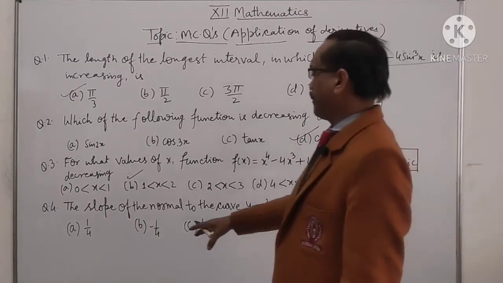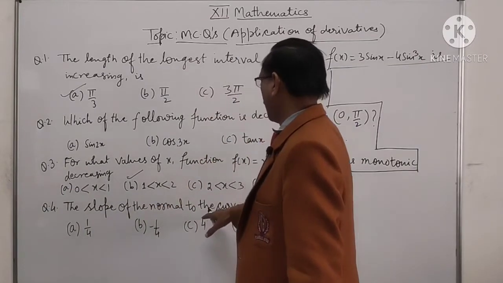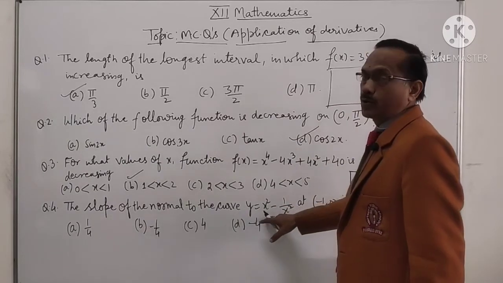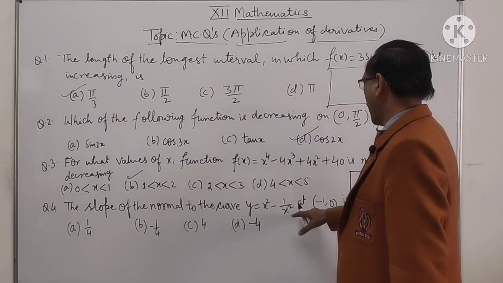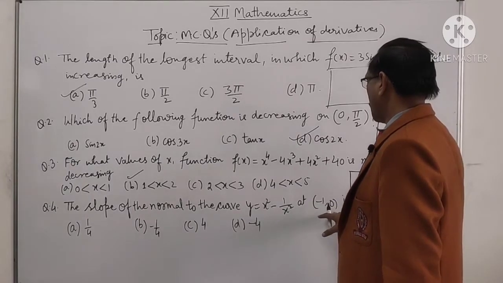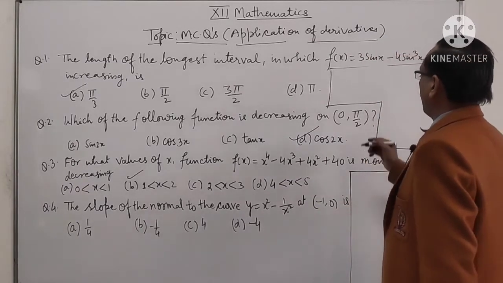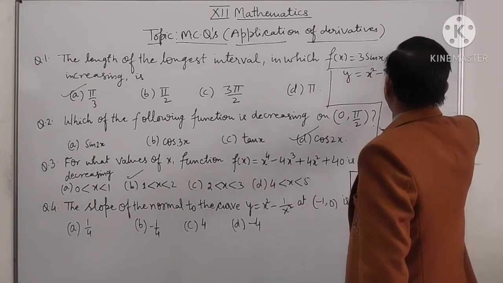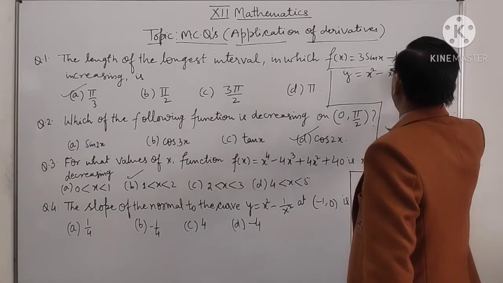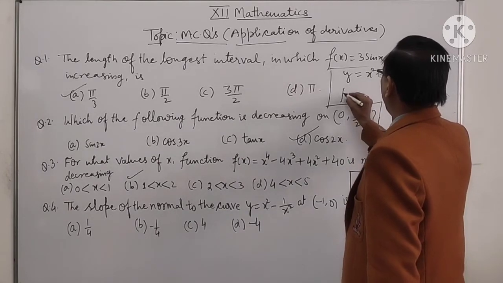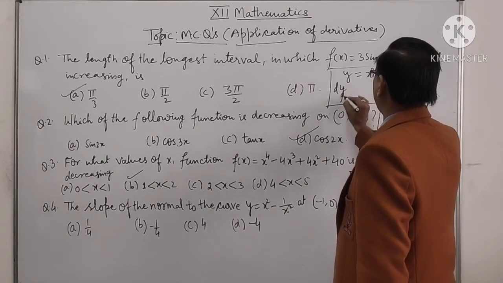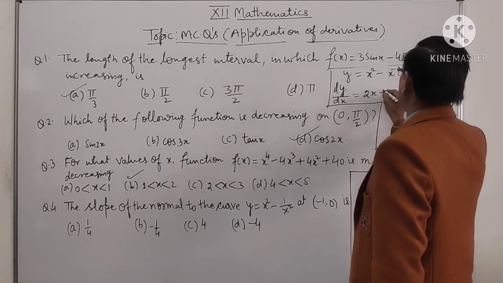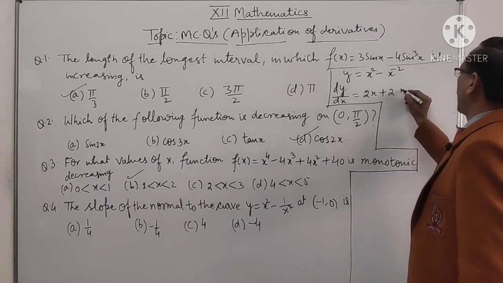Student, question 4. The slope of the normal to the curve y = x² - 1/x² at x = -1 is what? So here y = x² - 1/x², which can be written as x² - x^(-2). Now f'(x) or dy/dx is 2x + 2x^(-3).